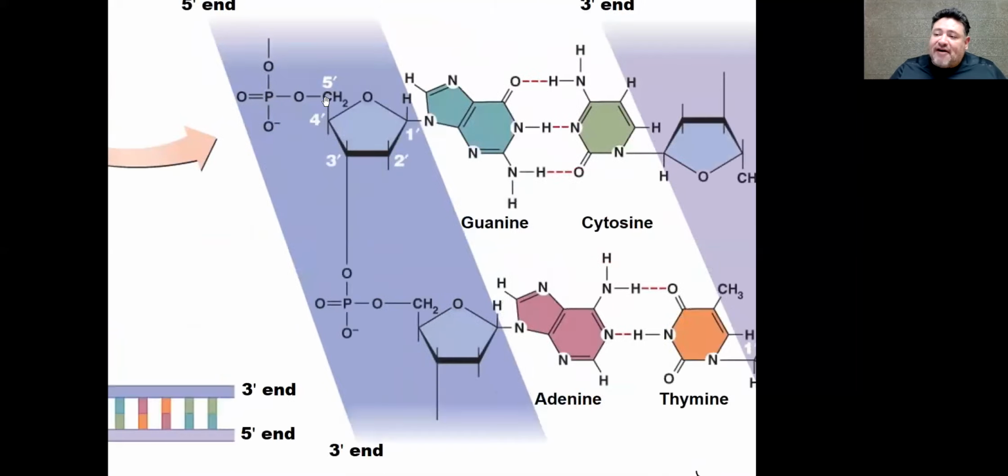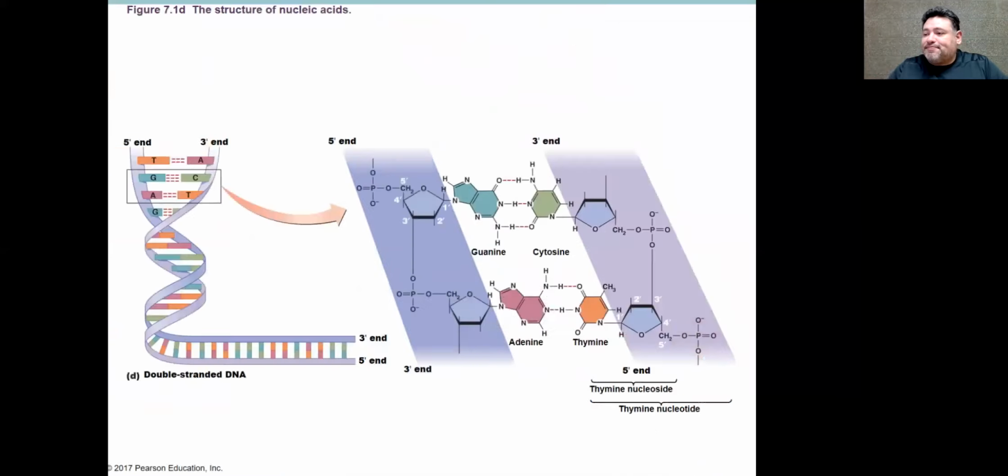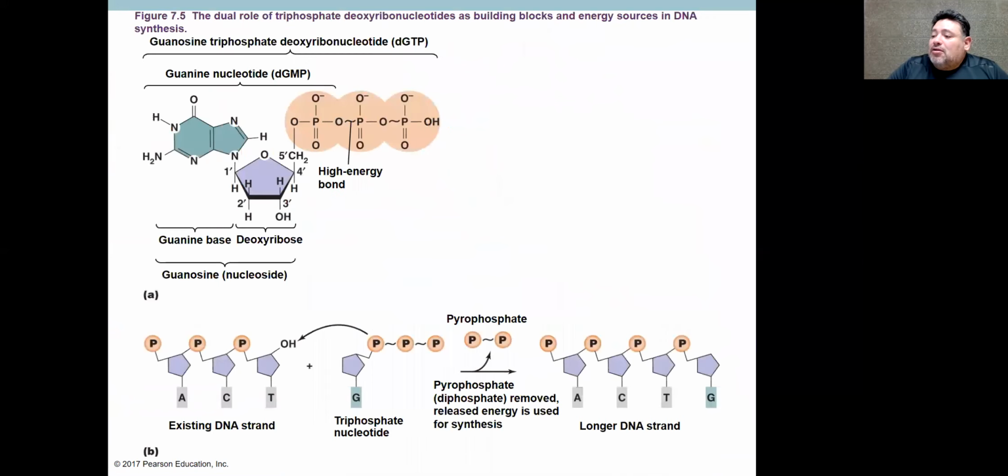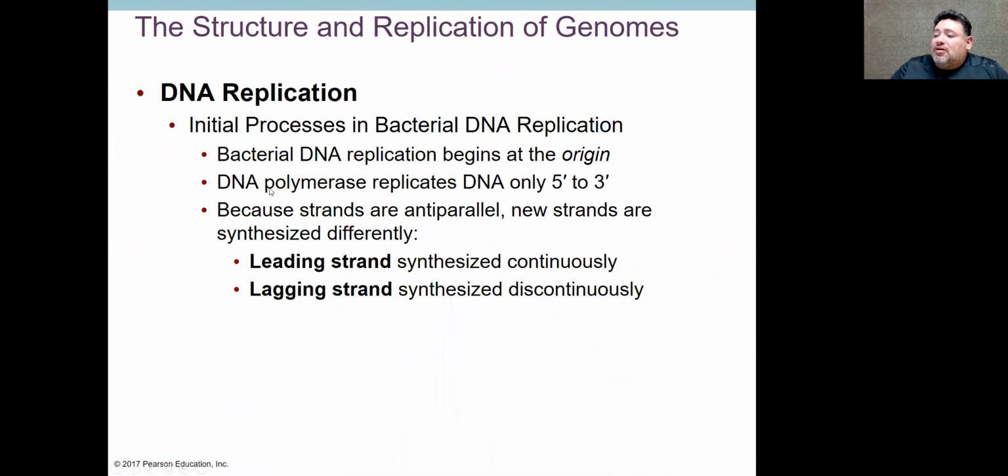It's always a 5' to 3' direction, okay? So this is important. RNA is the same thing, from a 5' to a 3' direction. So DNA polymerase, the machine responsible for DNA replication, only adds nucleotides in a 5' to 3' direction, okay?